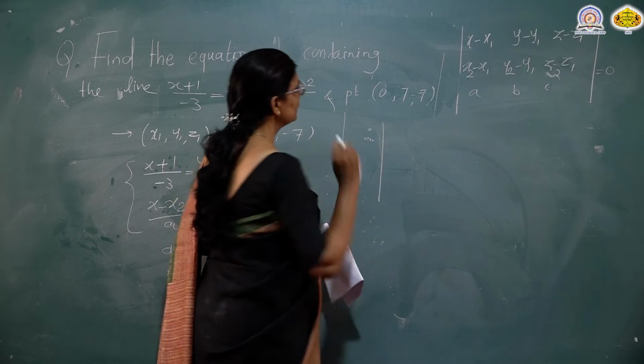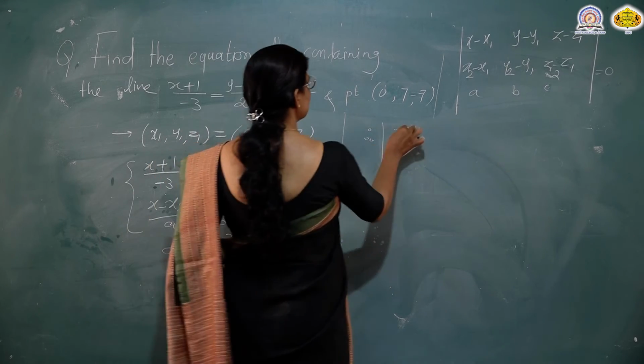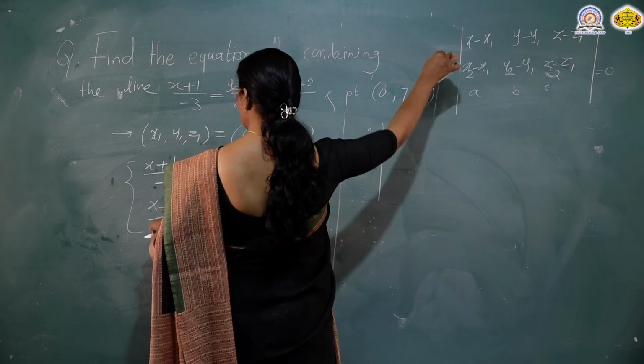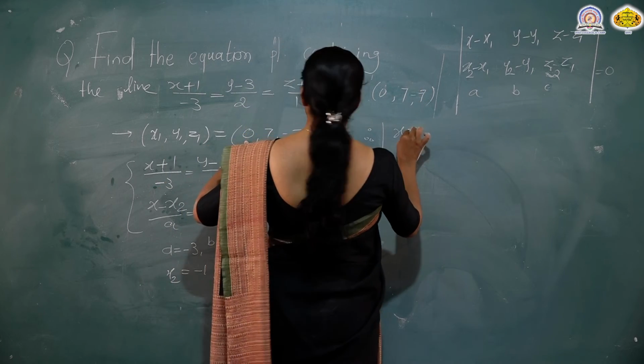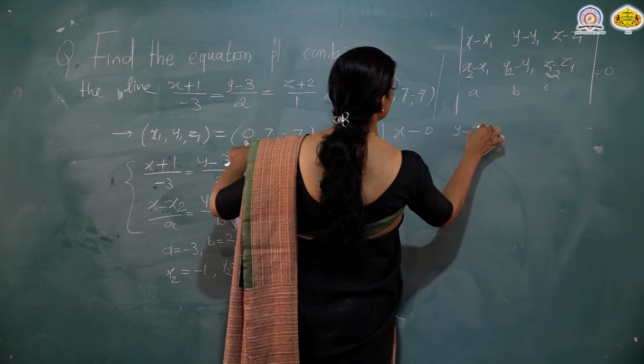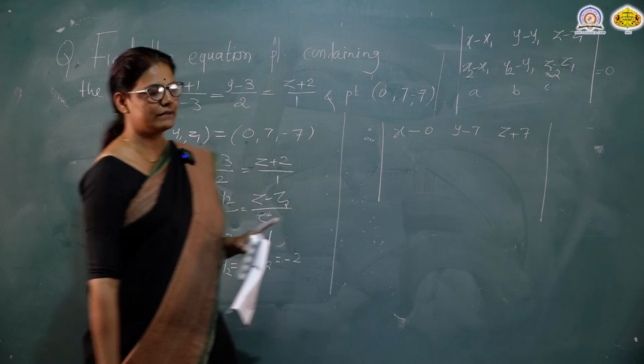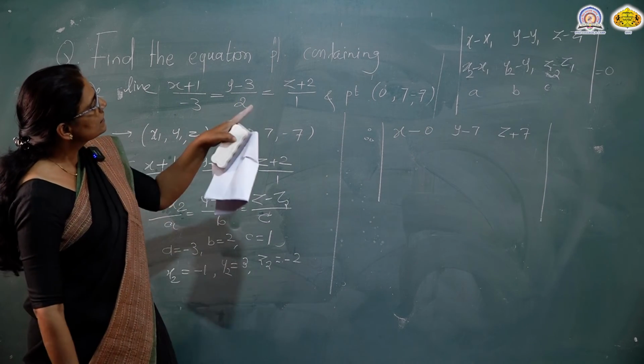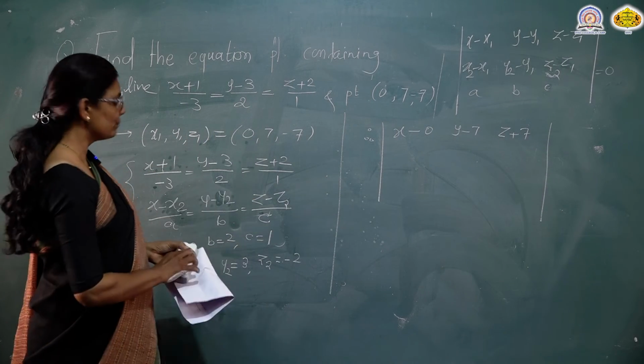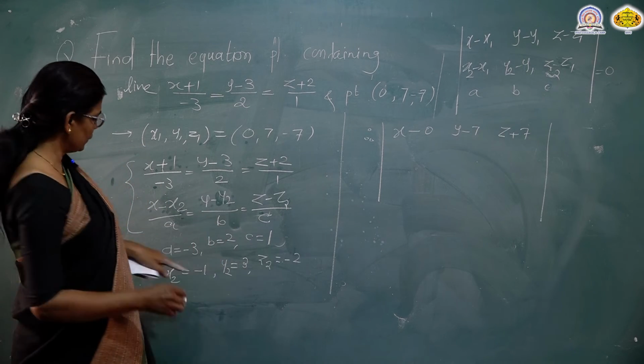Therefore, put all these values: x minus 0, y minus 7 and z plus 7. I have to put x1, y1, z1. Next, x2 minus x1: you can put it directly or take the subtraction.